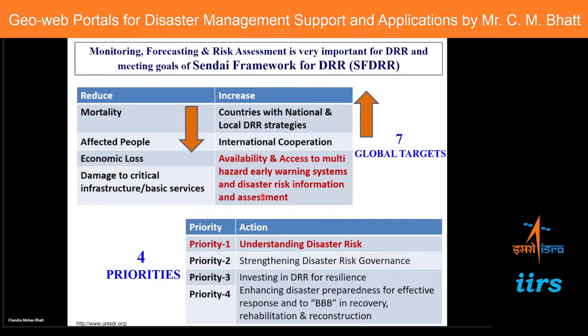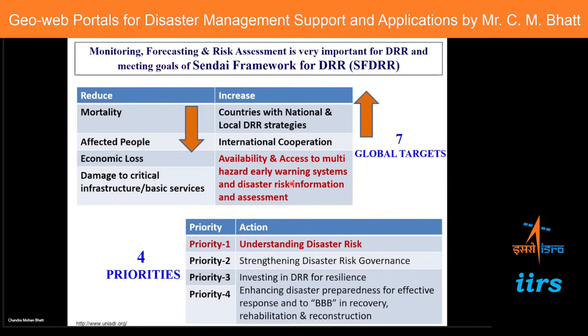It is a blueprint, a strategic document signed by all the countries, which says that we have to reduce mortality, affected people, economic losses, and damage to critical infrastructure, but we have to increase the number of countries with national and local disaster risk reduction strategies, and enhance international cooperation. The most important is that data regarding hazards should be made available and accessible, including early warning, for better disaster risk information and assessment.